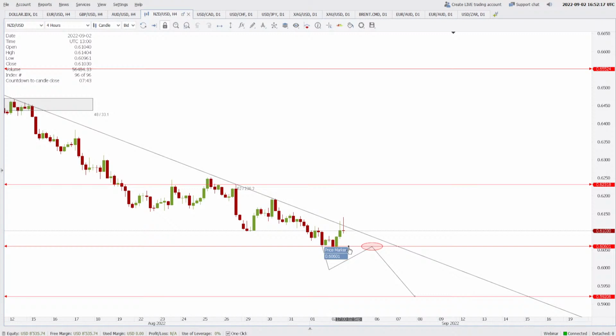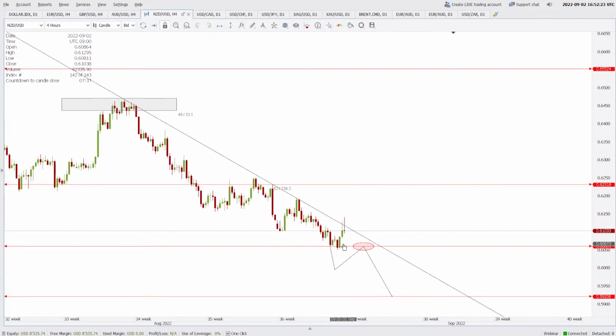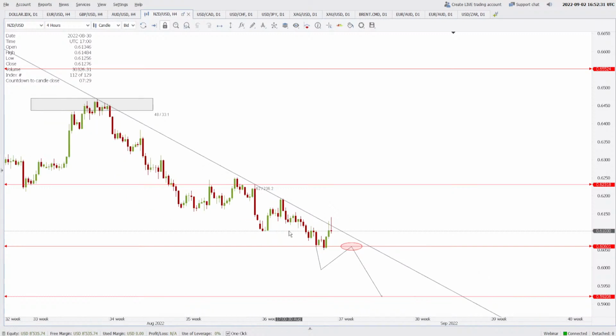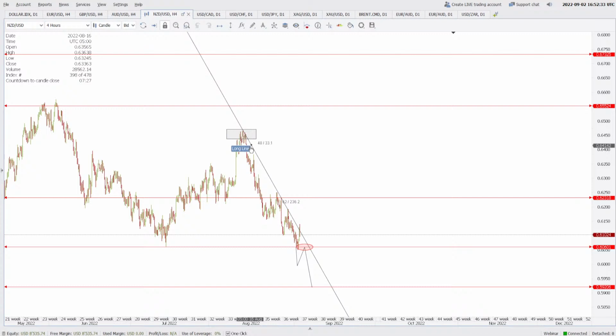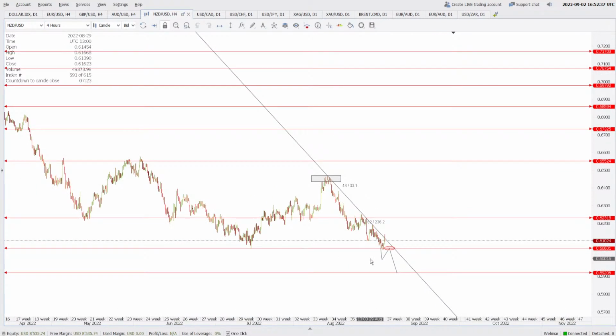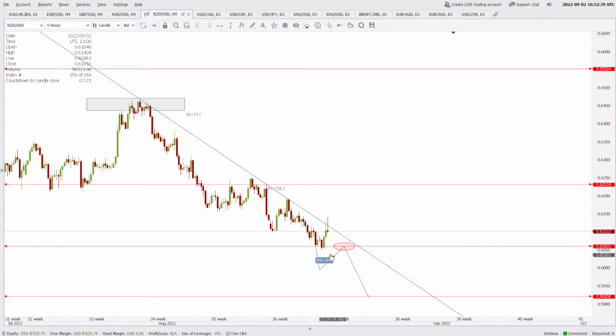Okay, so this is still 0.6060 has been taken out already, and the price went higher. This may be just a dead cat bounce, or I can say is this because a lot of people were short in this pair, and they saw that a strong support is approaching like 0.6060 level, and they tried to book their profits here.